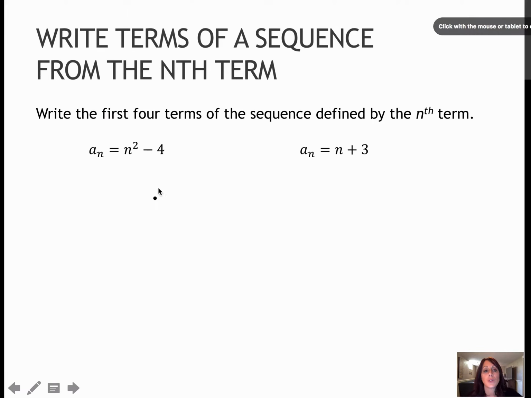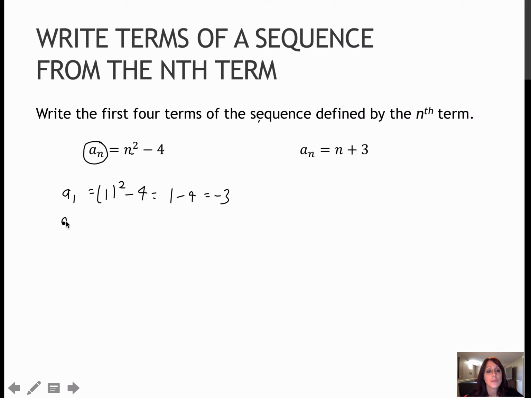For these first questions, we're just going to write the first four terms of the sequence defined by the nth term. So that means this is telling us to find the nth term, take n squared minus 4. To find the first term, we're plugging in 1, we're squaring it, and we're subtracting 4. And 1 minus 4 is negative 3. A sub 2 means we're taking 2 squared minus 4, which is 4 minus 4, or 0.